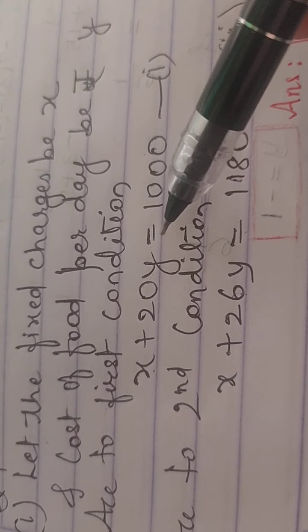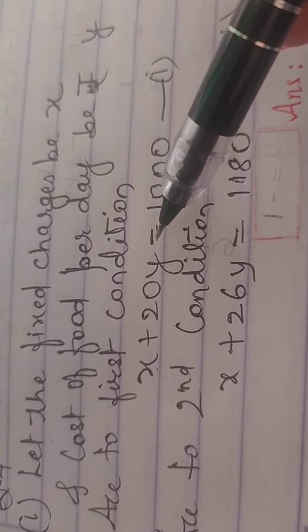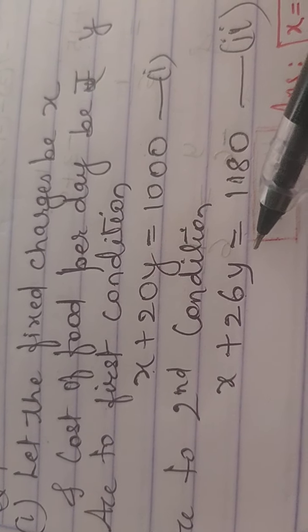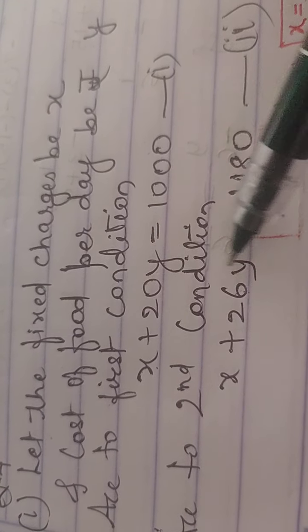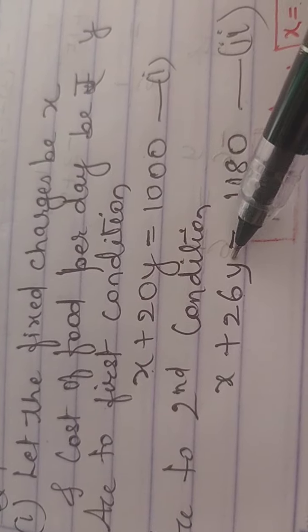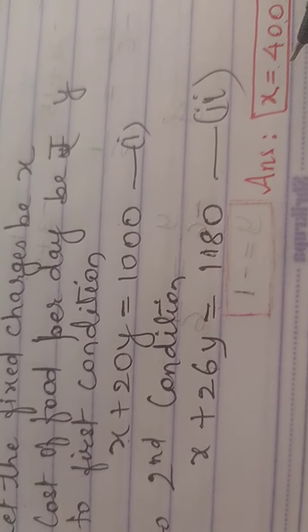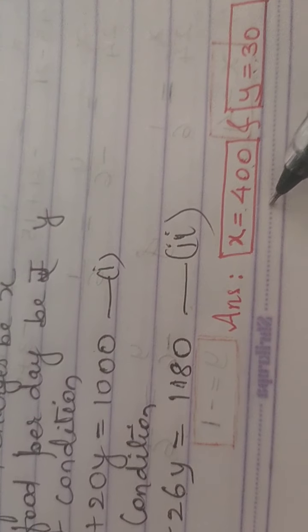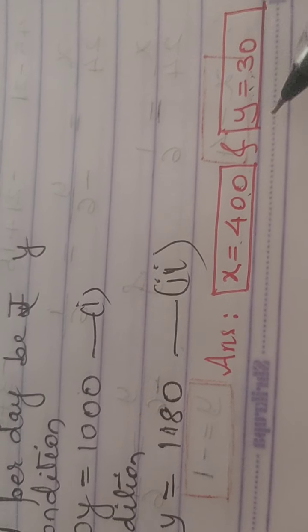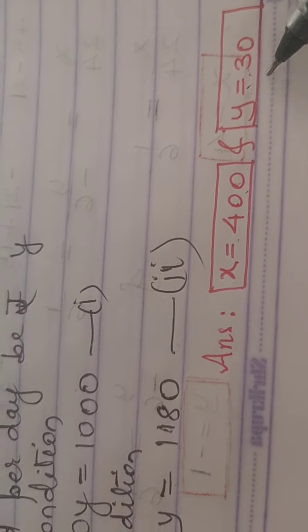Here we can simply use the elimination method. If you subtract these equations, you will get the value of y. So you should get x is 400 and y is 30. These are the values of the variables.